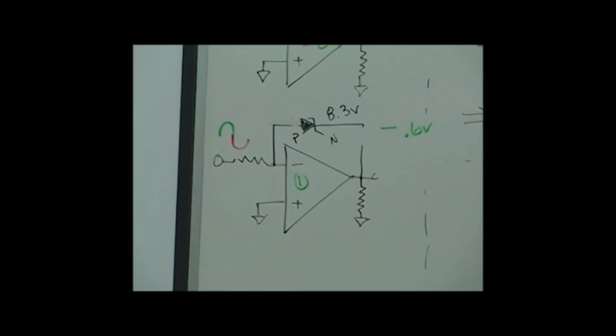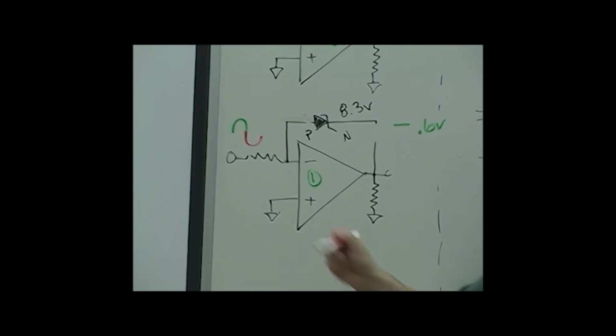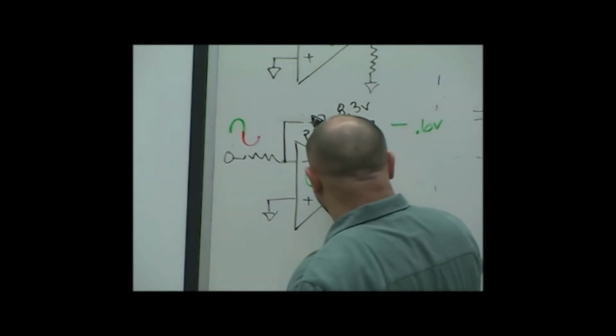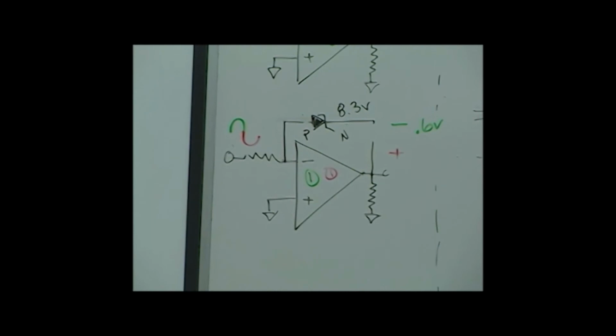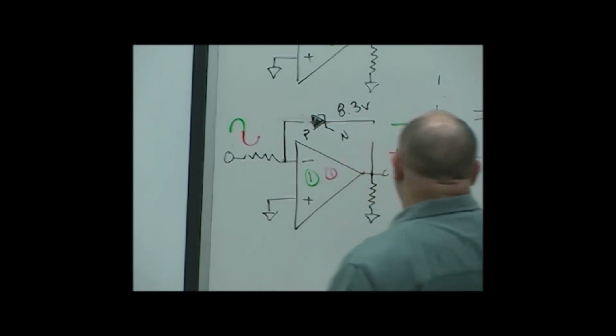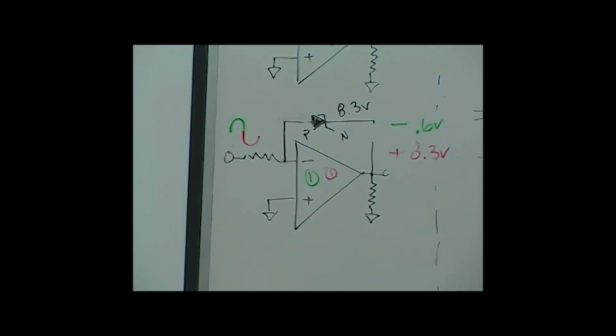And what about the negative half cycle? The negative half cycle will be inverted into a positive. And it will be reverse bias to 8.3 volts. Okay. And notice they are different. The outputs are different. It matters which way the diode is configured in the circuit.